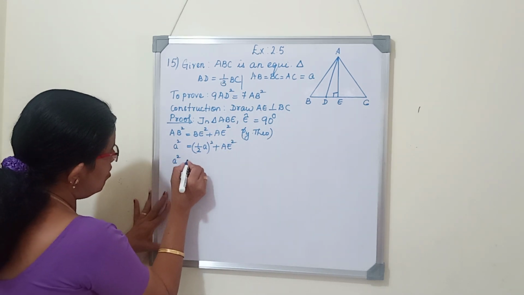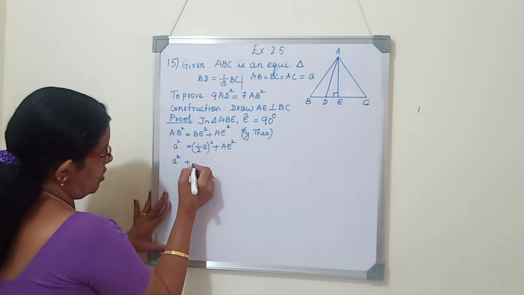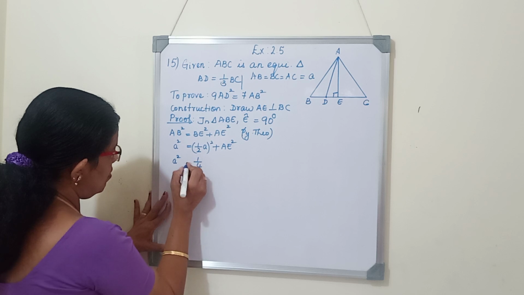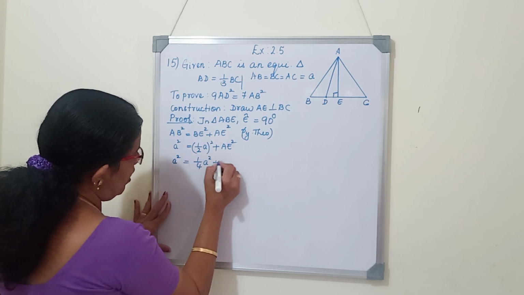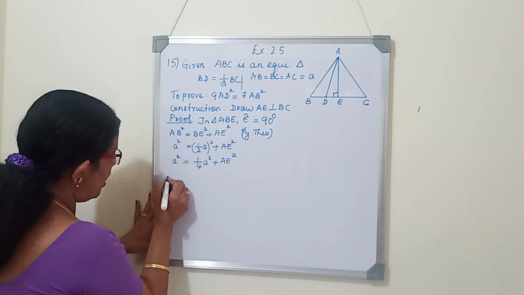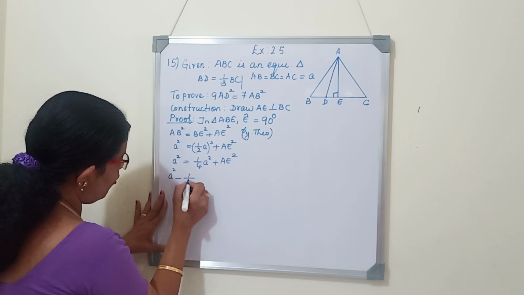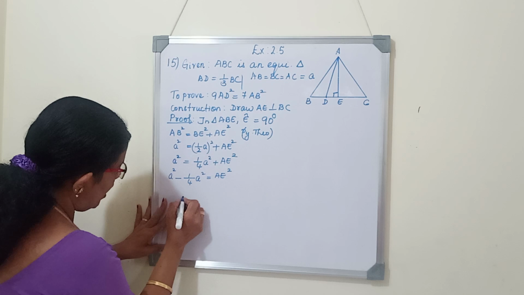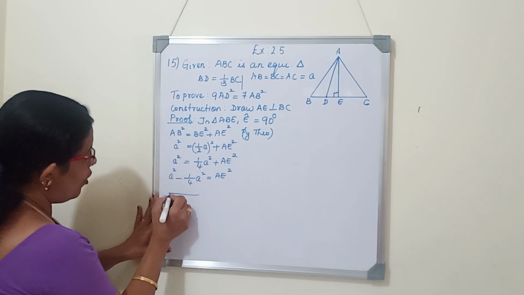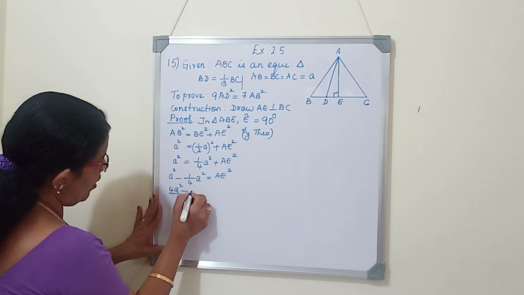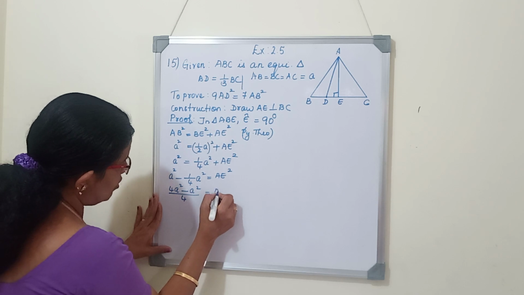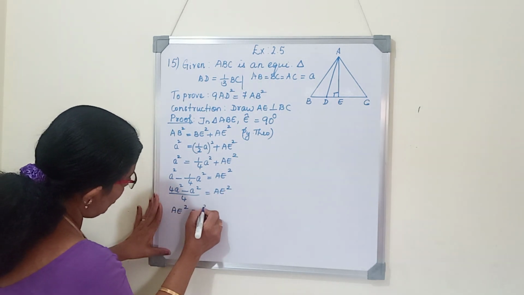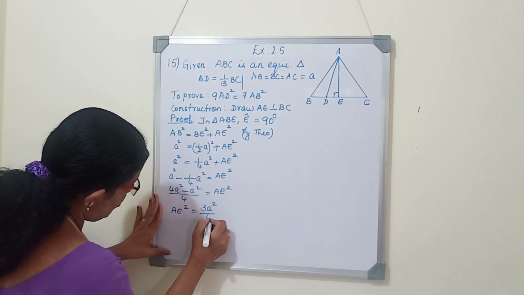So A square equals 1 by 4 A square plus AE square. So A square minus 1 by 4 A square is equal to AE square. Take 4 as the LCM. 4A square minus A square is equal to AE square. AE square equals 3A square by 4.